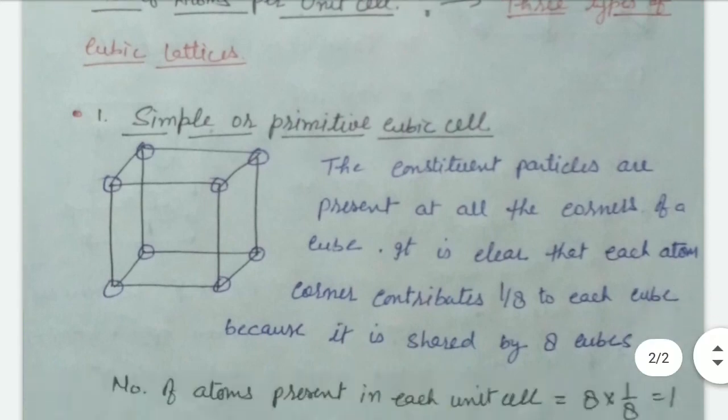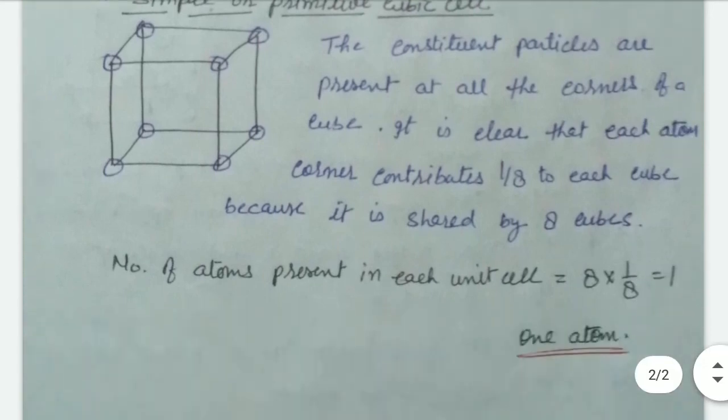Each corner is shared by 8 cubes. It means each corner atom contributes 1/8 of each cube because it is shared by 8 cubes, and there are 8 atoms.